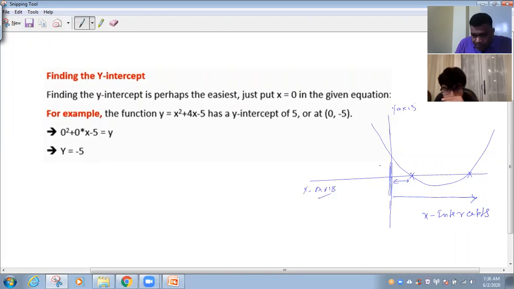And where is the y-intercept? This is the y-intercept. This is called the y-intercept.